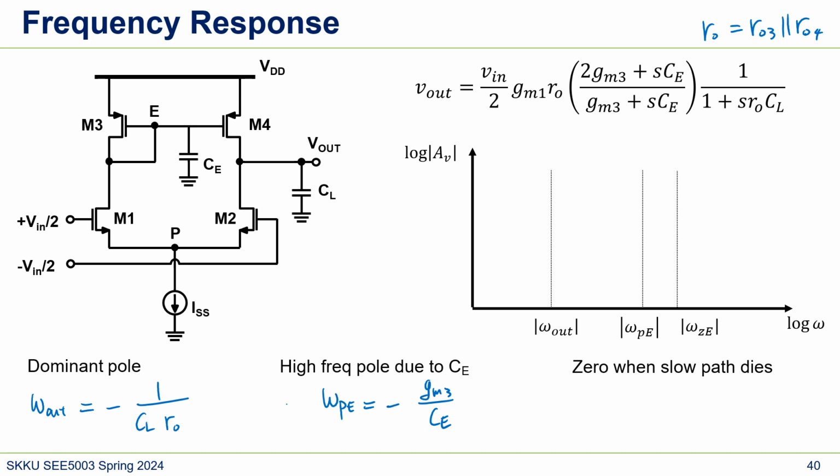And the zero, WZ, also happens at node E, and that's 2 GM3 and CE, because you see at this part, right?